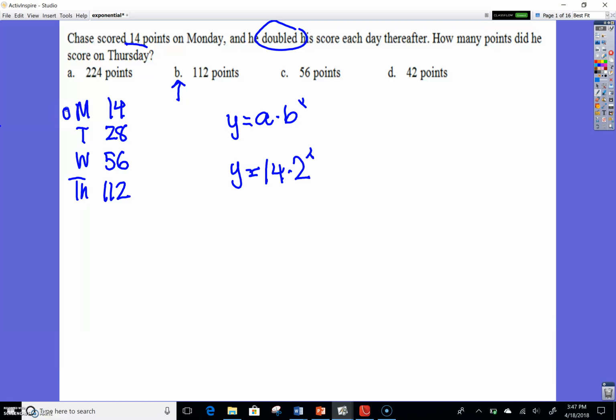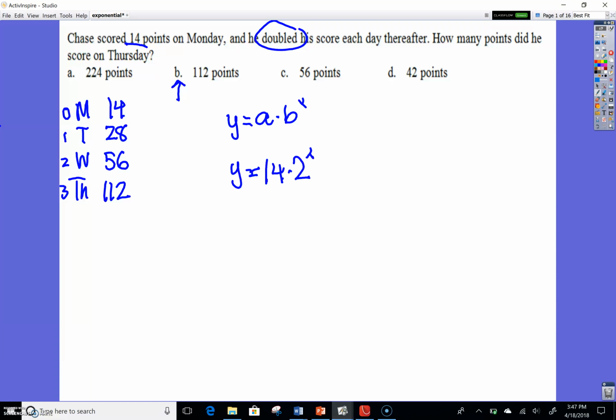Now, the other way that you could do it, remember, y is equal to a times b to the x power. So y is equal to a, which is our initial value, which is 14, times b. We double, so that's times 2 to the x power. Now, remember, Monday's day 0, so Tuesday's 1, 2, 3.